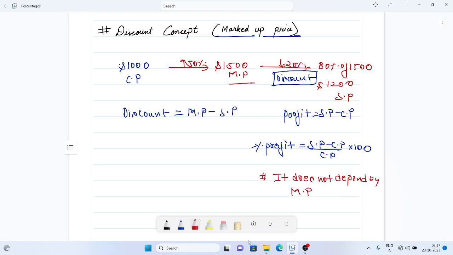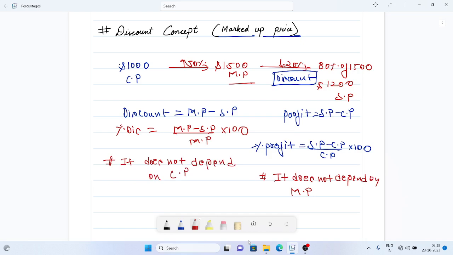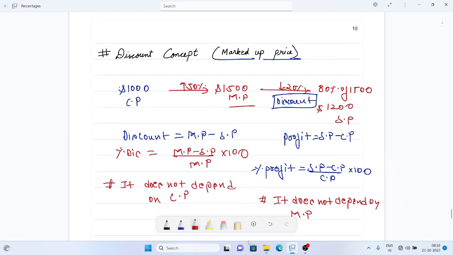But when you come to the discount, percentage discount is always initial value minus final value upon initial value into 100. So it always depends on, or is always given on, the mark price, but it does not depend on cost price. Also, if we move from here to here, you will see the concept of compound price. So please note it down, then we move forward.